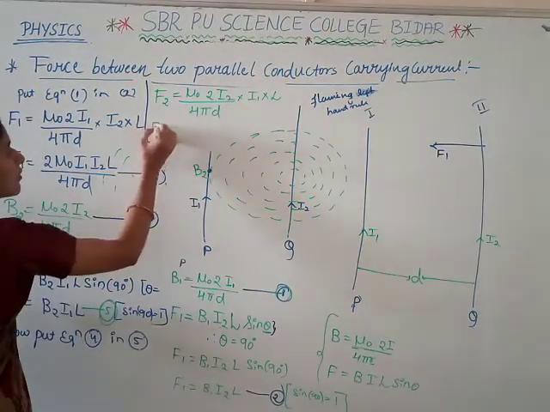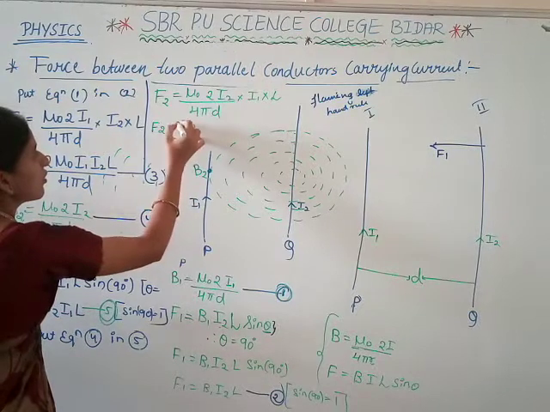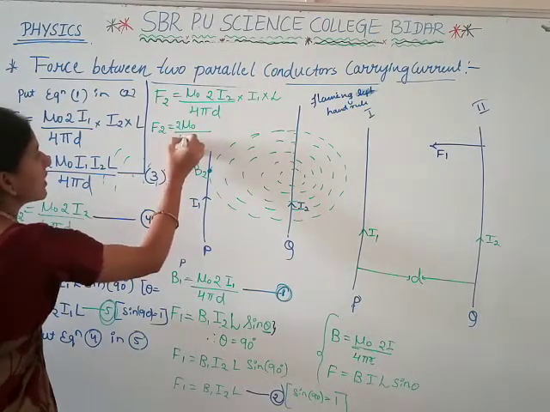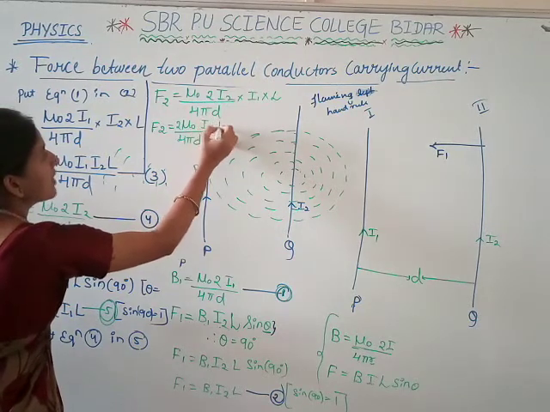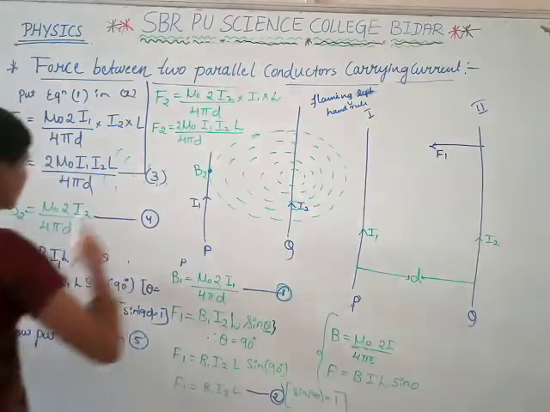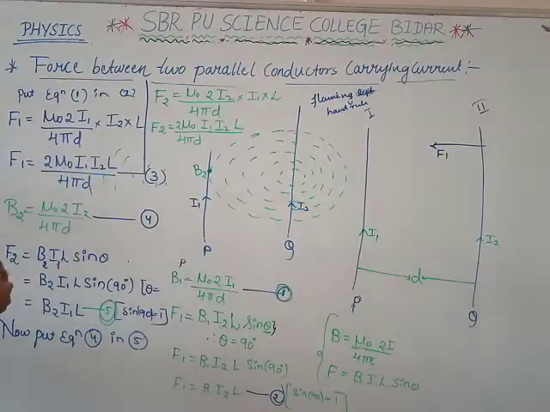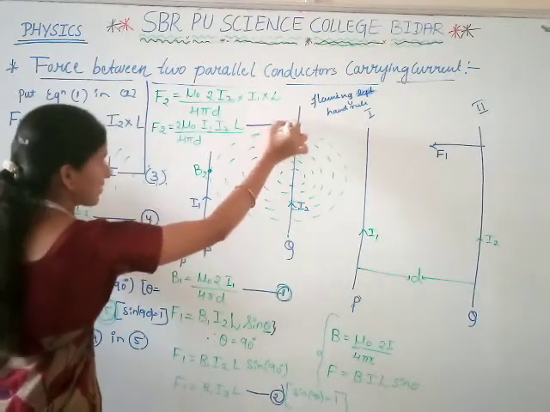That means force F2 is equal to 2 into mu naught divided by 4 pi d, into I1 into I2 into L here. Consider this as equation 6.